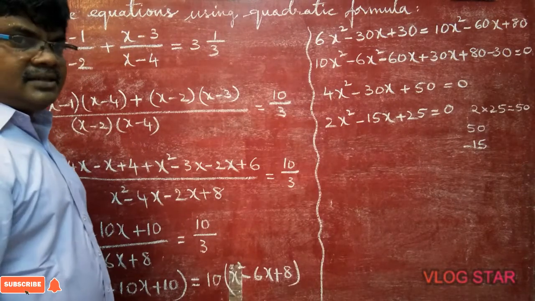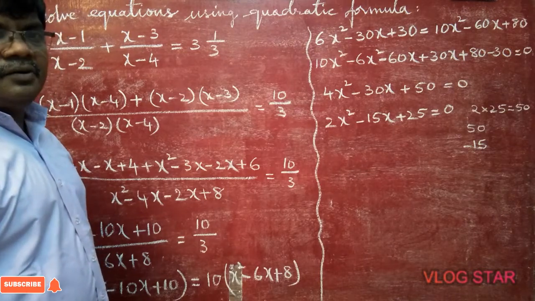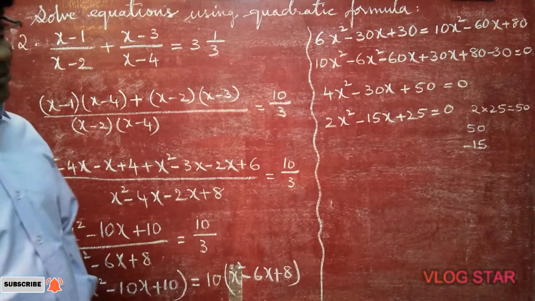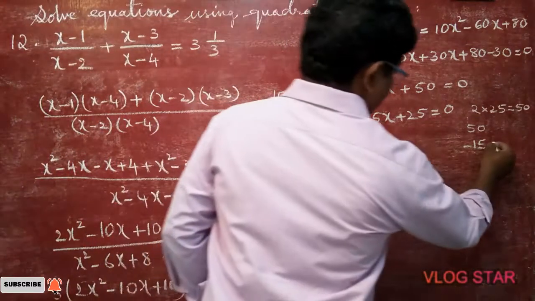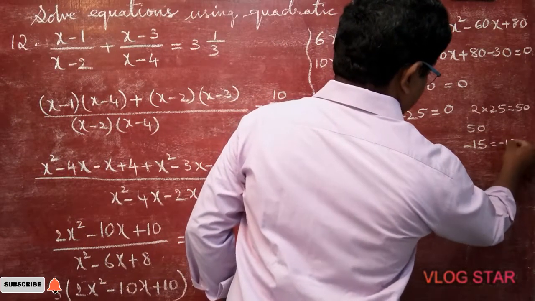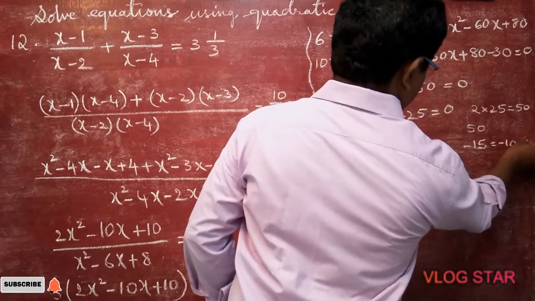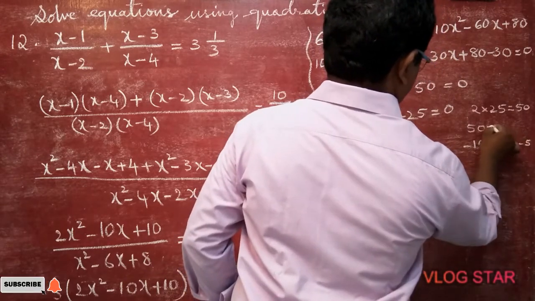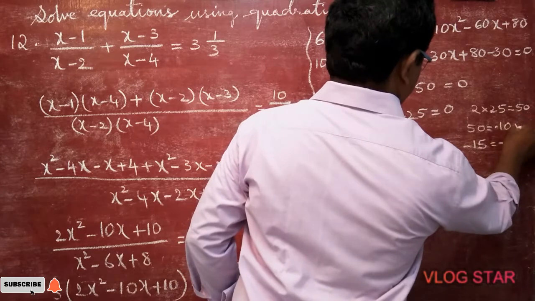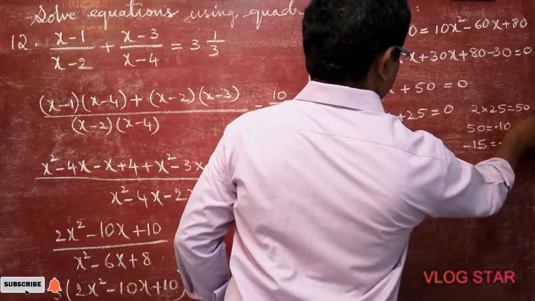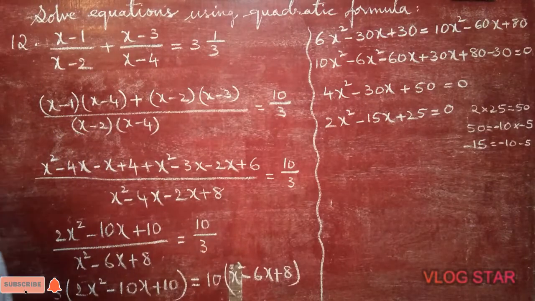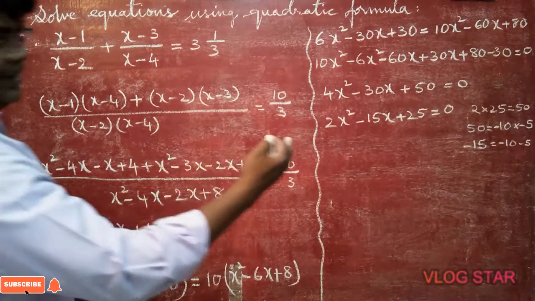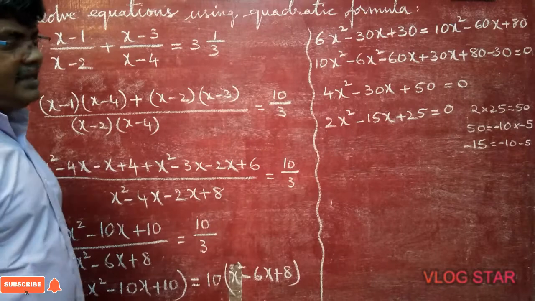Minus 15; for plus, no need, if you write plus or not, no problem. Factors: minus 10 minus 5 is minus 15. Minus 10 into minus 5: minus into minus, plus; 10 5s are 50. Minus 10 minus 5 is minus 15.